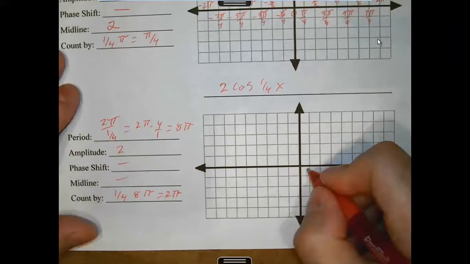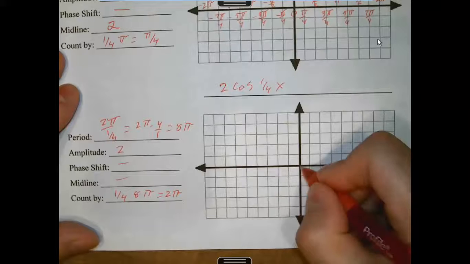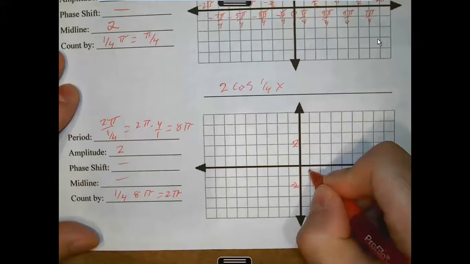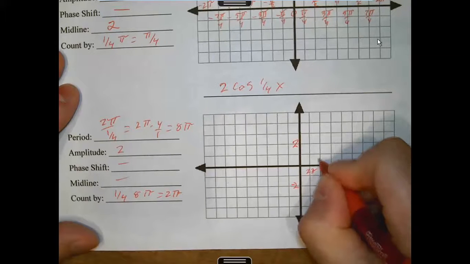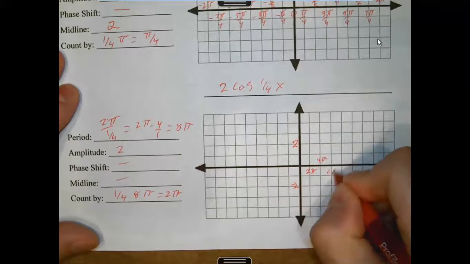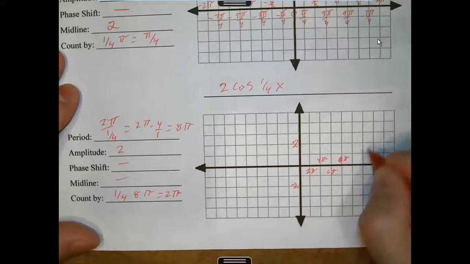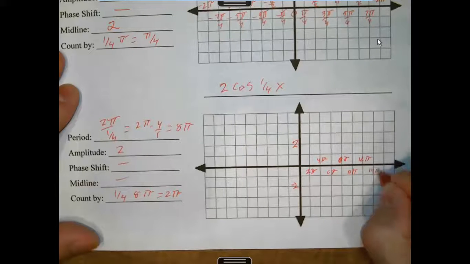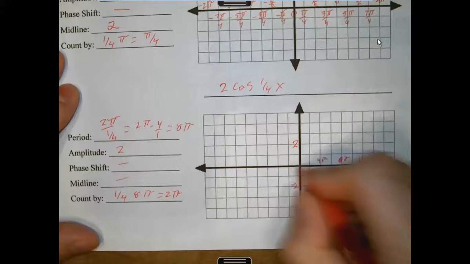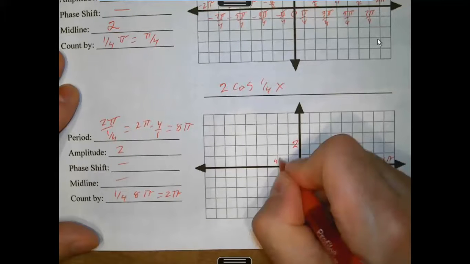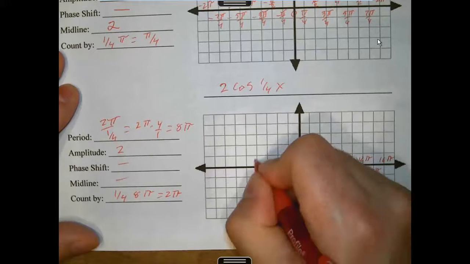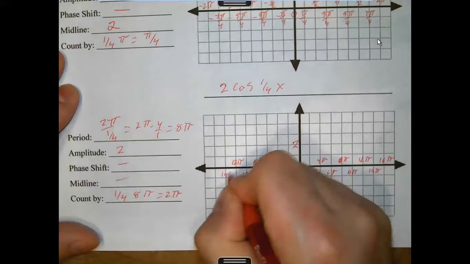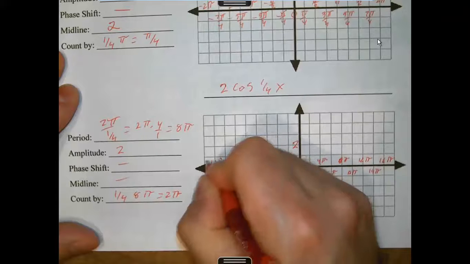So since I don't have a midline shift, my amplitude is 2, 1, 2, 1, 2. And I count by 2 pi: 2 pi, 4 pi, 6 pi, 8 pi, 10 pi, 12 pi, 14 pi, 16 pi. Make them all negative.